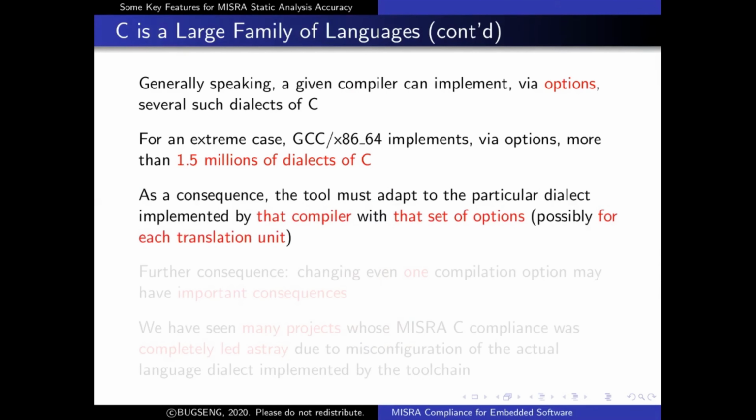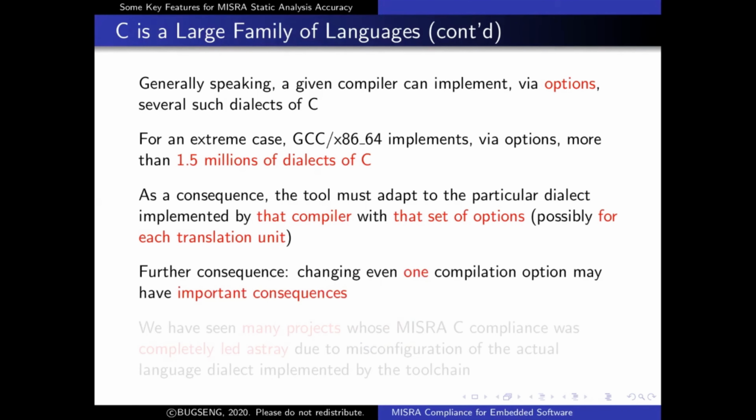As a consequence, the static analysis tool must adapt to the particular dialect implemented by the compiler, with the precise set of options I'm using for the build, possibly for each translation unit. I may use slightly different options to compile different translation units.